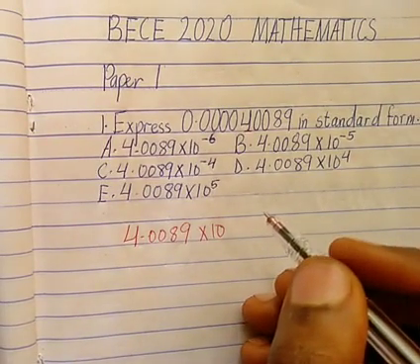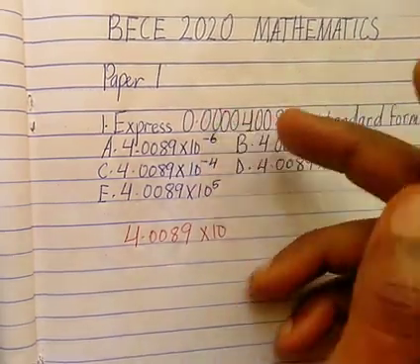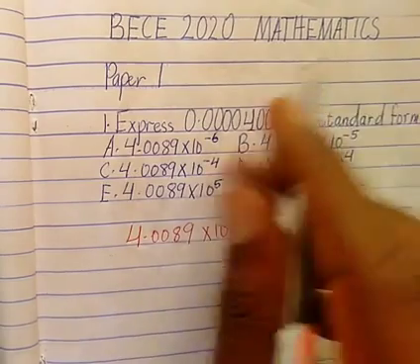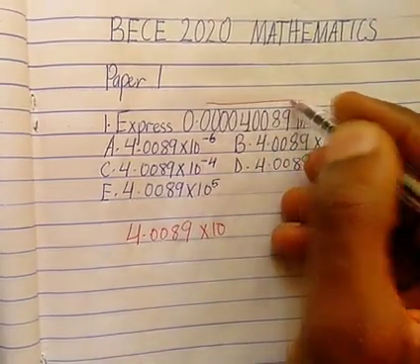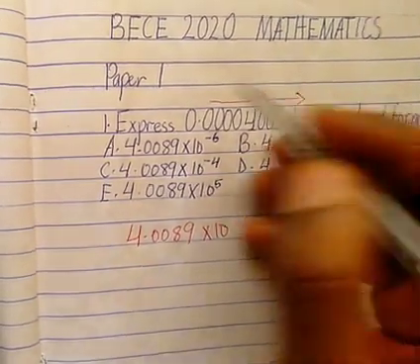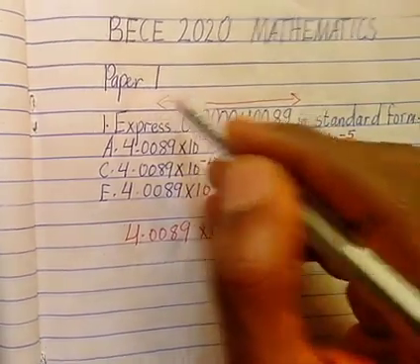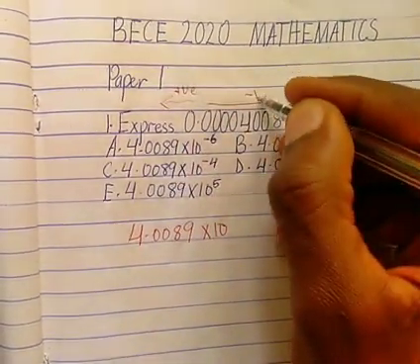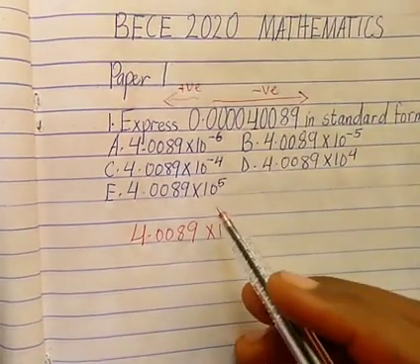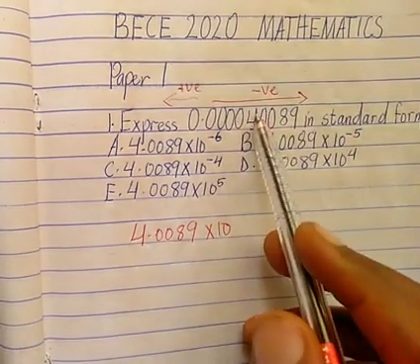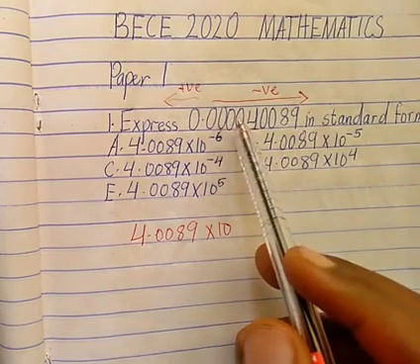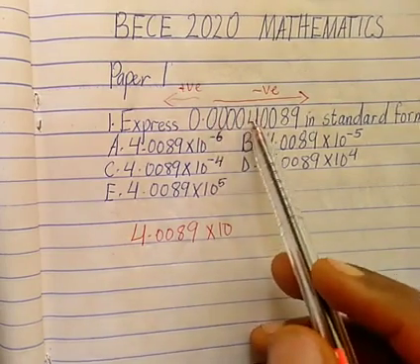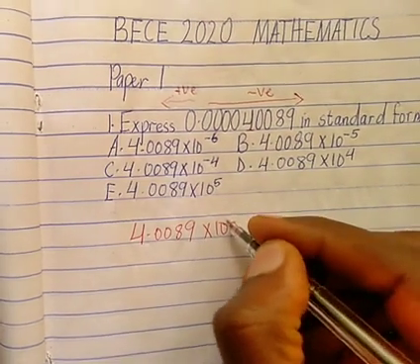We are going to consider by counting. If the first non-zero digit falls to the right hand side this way, the power is going to be negative. But if it falls to this side, it's going to be positive. Now, the first non-zero digit falls to the right hand side, and that is going to be negative power. So we can put negative here.